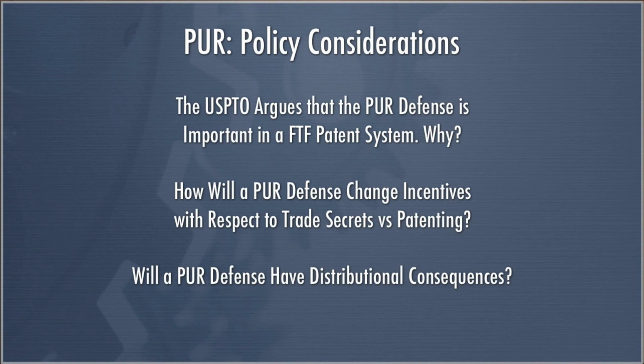And indeed, there's a fair amount of research that shows that small companies will often rely more heavily on patents as opposed to trade secrecy, because patents offer more protection than trade secrecy, and large companies don't need the protection as much as they just need the freedom to operate. So I think the distributional consequences of this defense are very unclear. The PTO essentially says as much, that there's no evidence that it's going to tilt the field one way or the other, and I think that's probably a fair statement. I think we don't really know what the distributional consequences are.